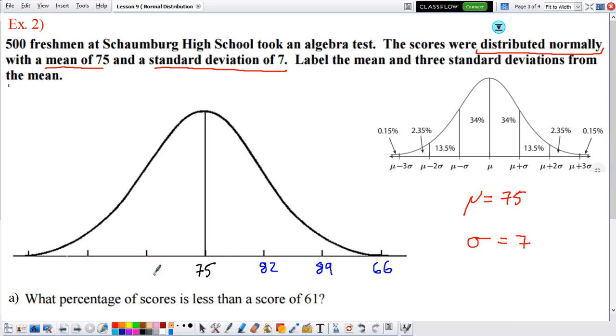If you want to know the next section on the left, we're not going to add the standard deviation, but we're going to subtract it. So 75 minus 7, let's do that in red, that's going to give me 68. If we subtract 7 once more, that's going to give us the next section, which is 61. And if we subtract 7 once more, we're going to get 54.